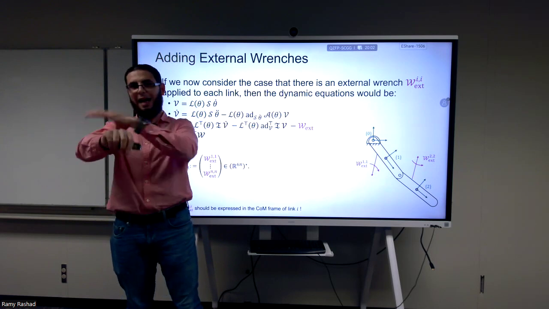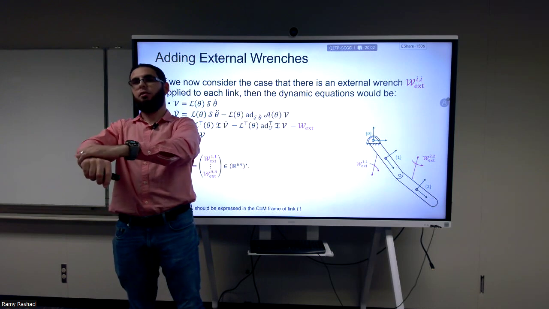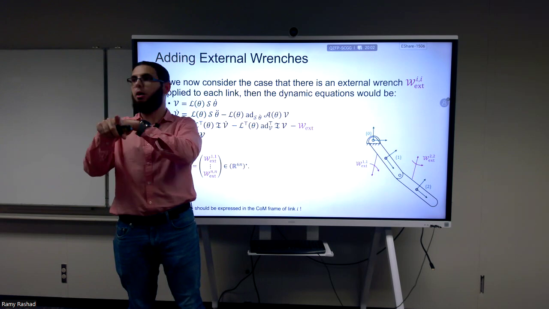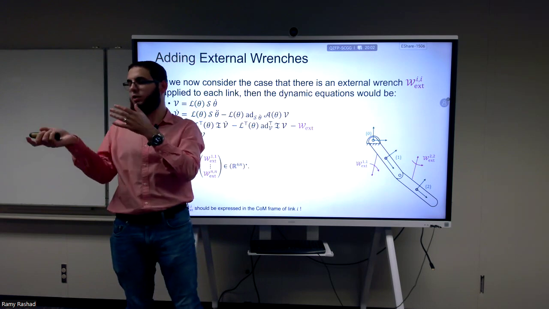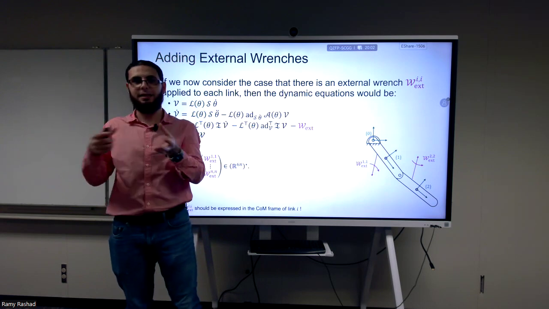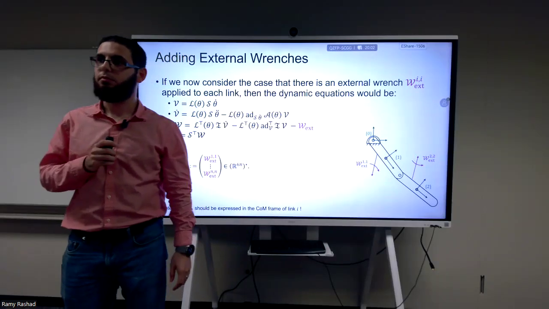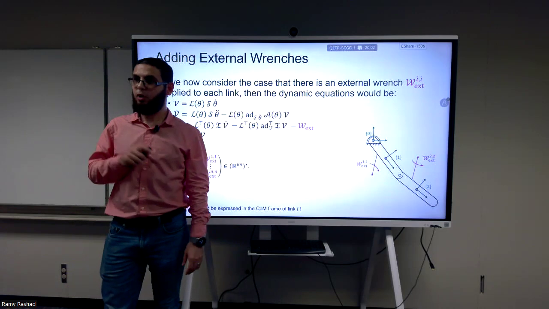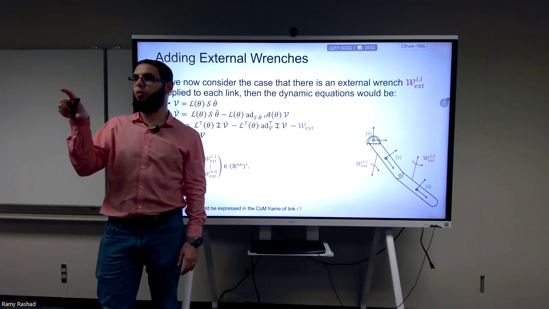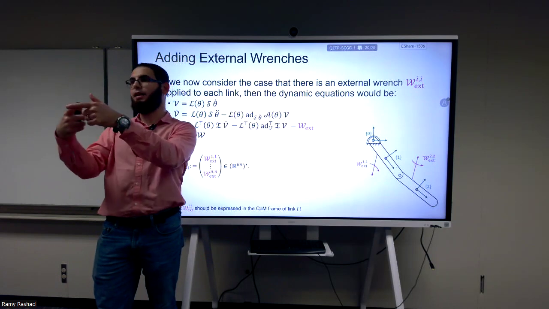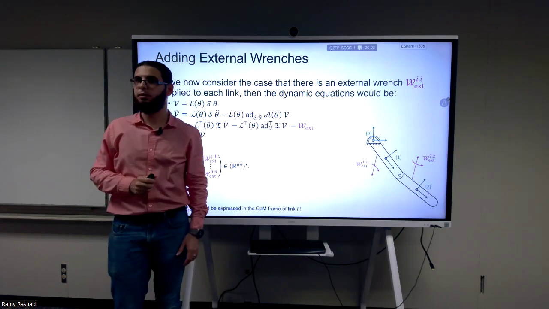So the wrench acting on the body is the same. It doesn't matter where you act on it, but when you express this wrench in a frame, the numbers will take this transformation into account. Yes, because you're going to have an adjoint transpose. And in the adjoint transpose, you see that there's a psi tilde, and the psi tilde transforms the force into torque. This is precisely what it does, yes.